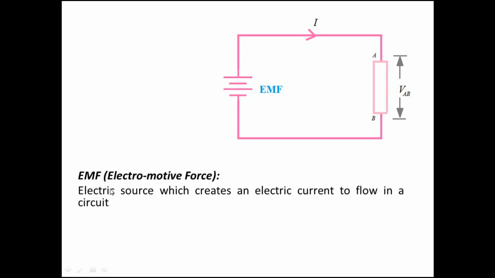EMF, electromotive force, is defined as the electric source which causes an electric current to flow in a circuit. This source creates the potential difference, and then only will the current flow. The unit of EMF is volt, the same as the unit of voltage.